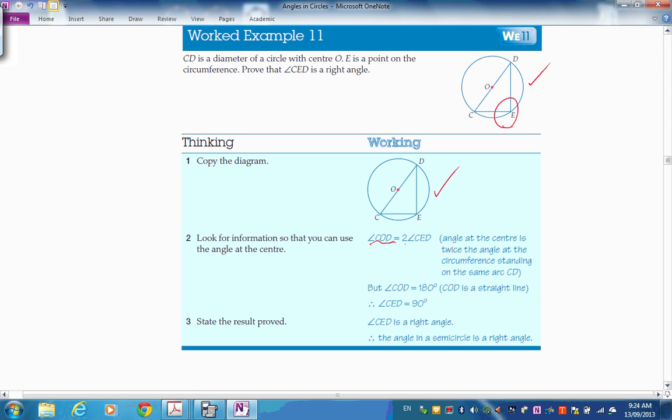Angle COD equals 2 times angle CED. Why? Well, the arc CD subtends that angle at the centre and this angle at the circumference, from what we just did. Angle at the centre is twice angle at the circumference. You don't have to write it in full.